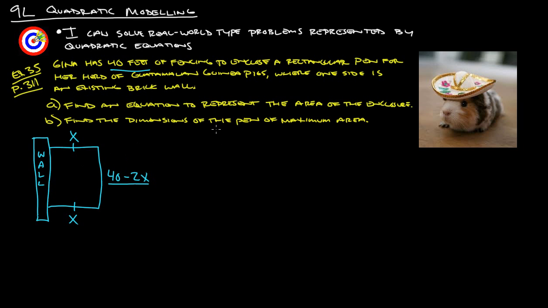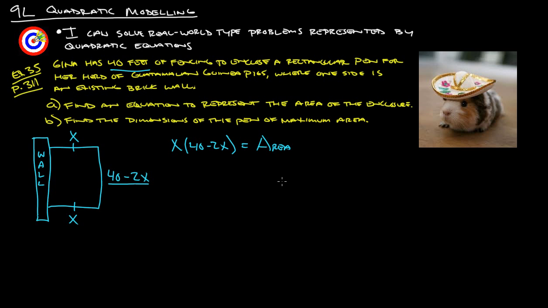Okay, so find an equation to represent the area of the enclosure. The area is simply length times width, so x times 40 minus 2x is going to equal the area of the enclosure.